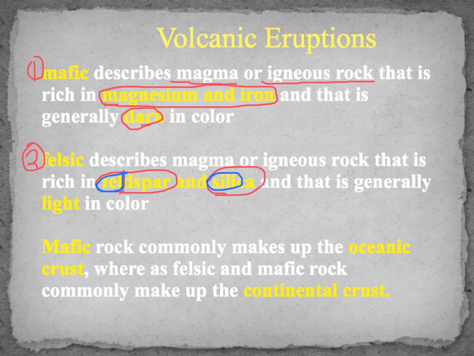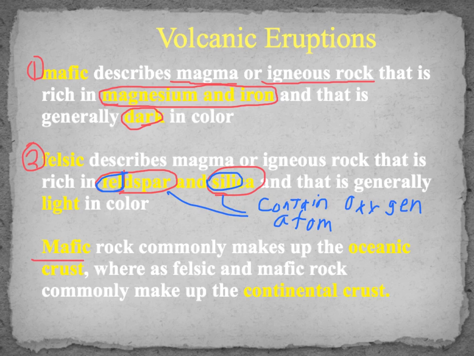And feldspar and silica are two minerals that contain oxygen atoms, which tend to do certain things when they are really heated up in hot magma. So we'll hit on that a little bit more in a minute.